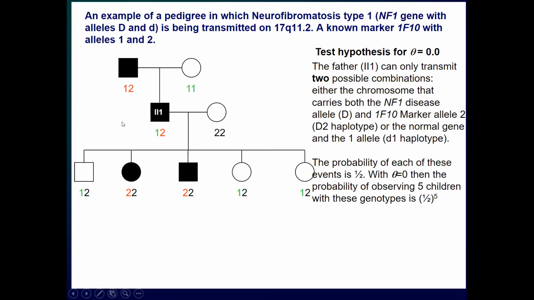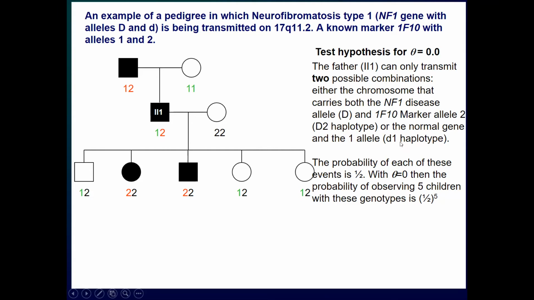So the father here can only transmit two possible combinations. Either capital D with the red allele 2 or small d1. Small d1 was inherited from the mother.